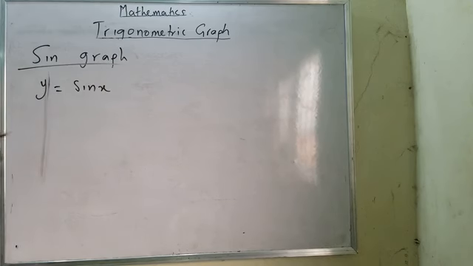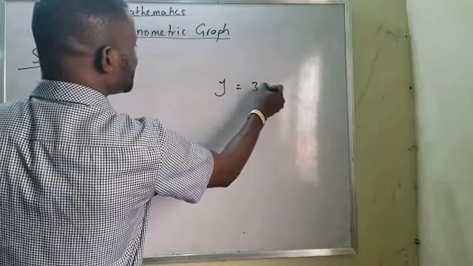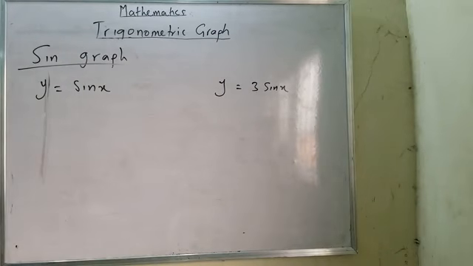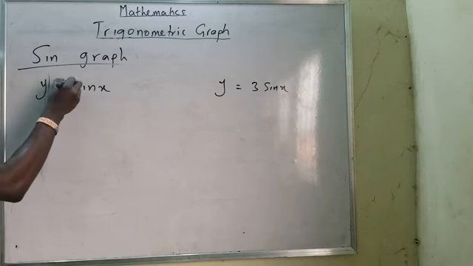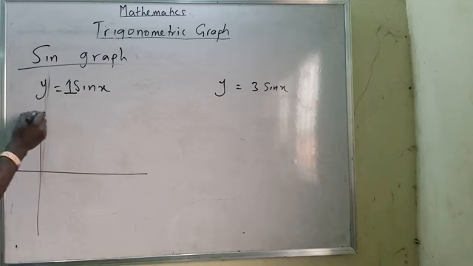Take note of this. When I have something like this, y equals 3 sine x, I'm just trying to put some advice. When you have something like this, take note of it. If there is 1 here, it means the limit does not go beyond 1 and minus 1. This one will be 1.